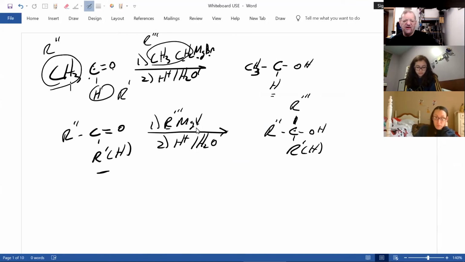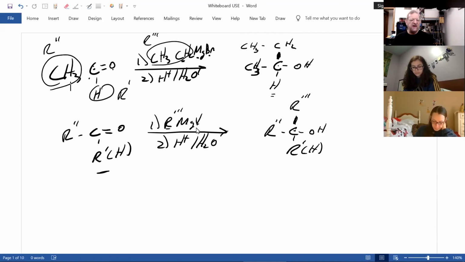And then the carbon with the Grignard, in this case it's two carbons, will be the carbon that's bonded to the carbon with the hydroxyl group. And notice I've added two more carbons now by making this carbon-carbon single bond. And that's the beauty of the Grignard.